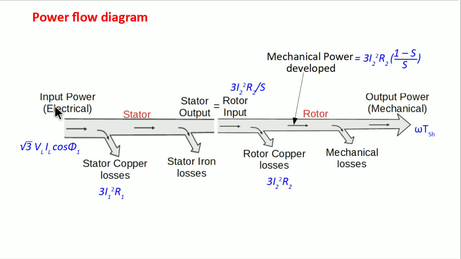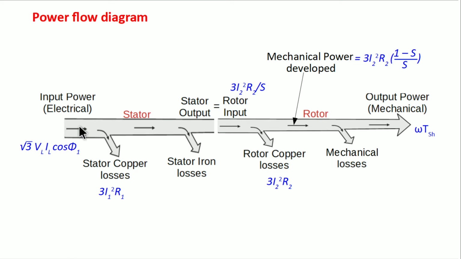Now, the input power to the motor is electrical power, and the formula for three-phase power is root 3 VL IL cos phi, where VL is the line voltage and IL is the line current. Cos phi 1 is the power factor of the motor, stator side.